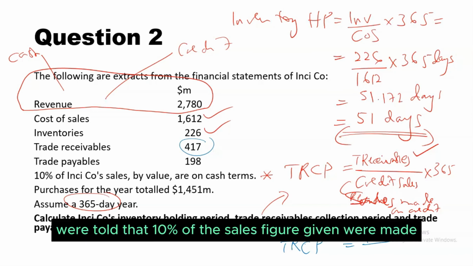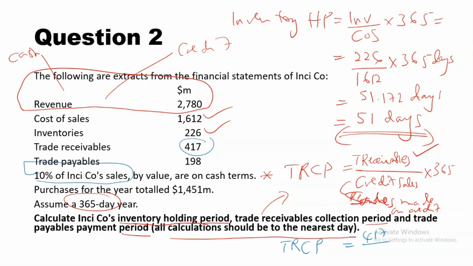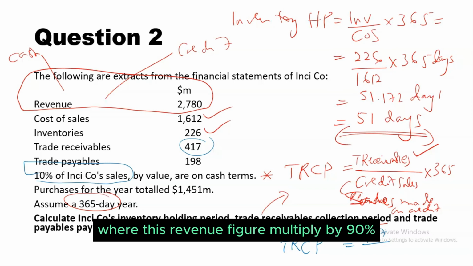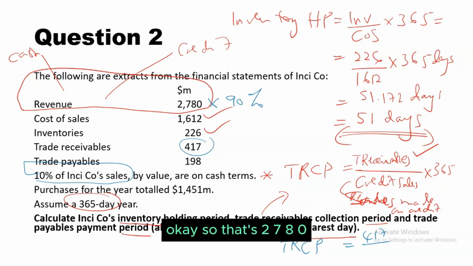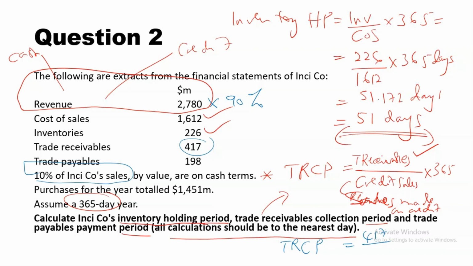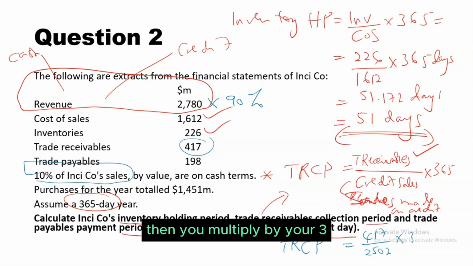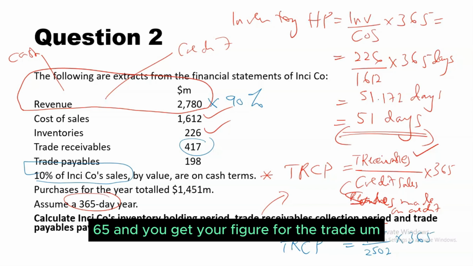Now the credit sales, we are told that 10% of the sales figure given were made on cash terms. So the credit element was this revenue figure multiplied by 90%. That's 2780 multiplied by 0.9, we get 502. Then you multiply by your 365 and you get your figure.